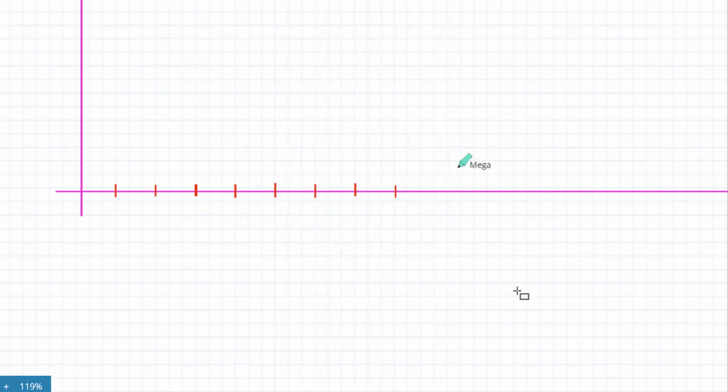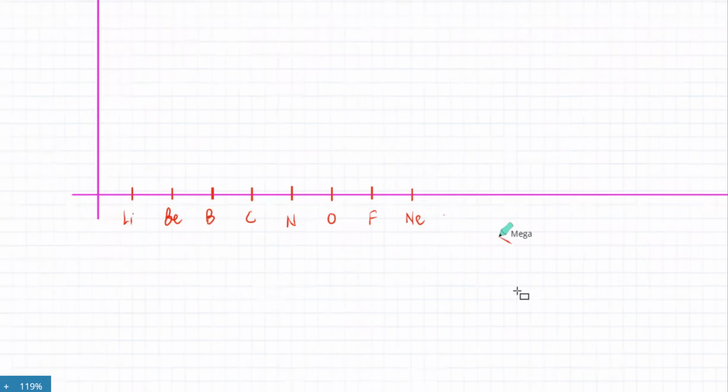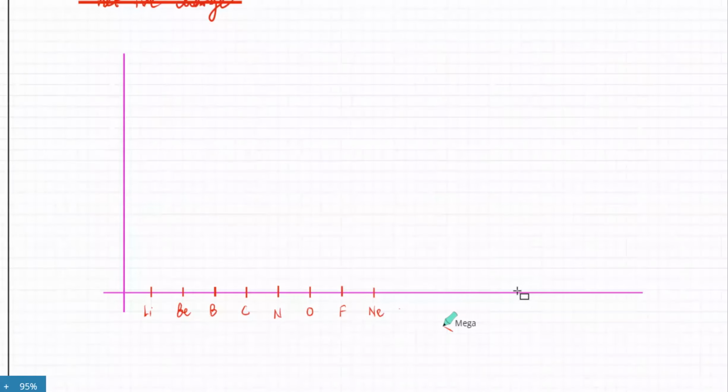Okay, that's 8. So the general trend in the first ionization energies should be that they should increase.